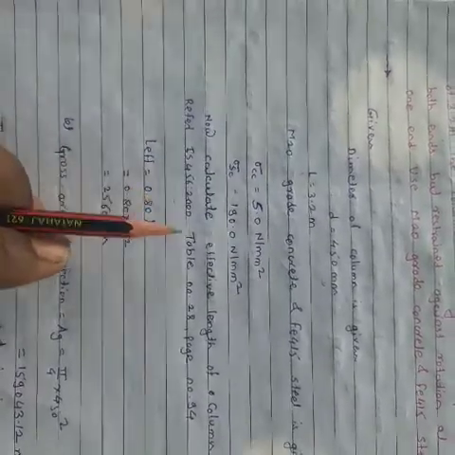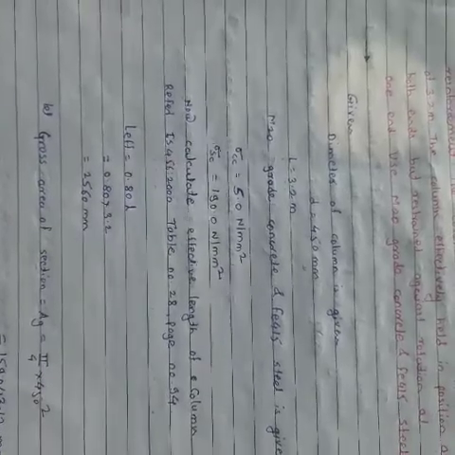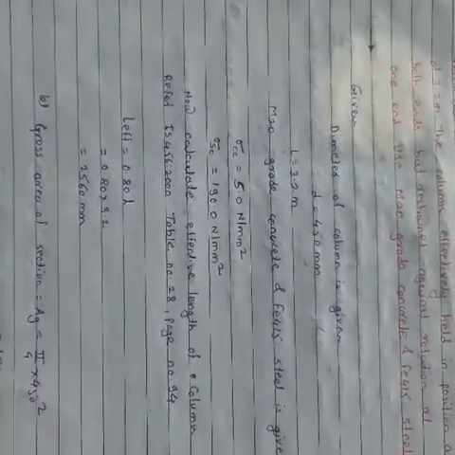Now what we have to do first is calculate the effective length of the column. For that we refer to IS 456 2000, Table 28, page number 94, which tells how to find the effective length of the column.